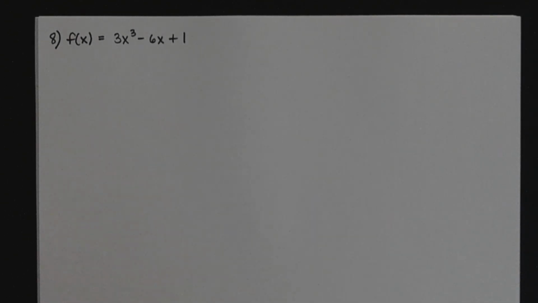That will help you determine whether the function is even or odd or neither. And the way we do that is, well, if you get the original function that you started off with, then that means that your function is even. If every single term changes to the opposite sign, then that means that function is going to be odd. Otherwise, it's neither.